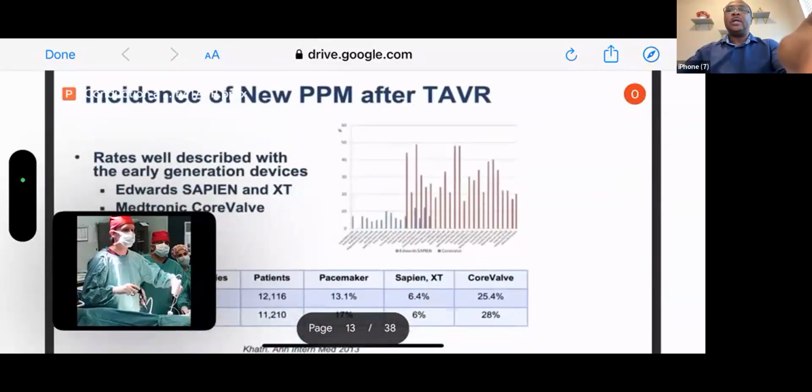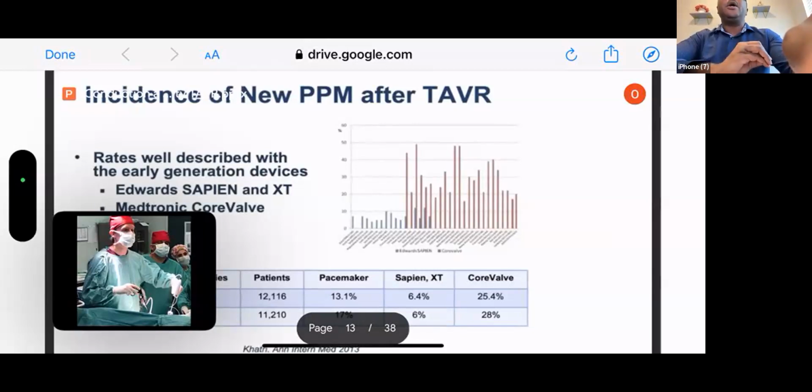So let's look at the overall incidence of permanent pacemaker after TAVR. So one of the factors to consider, especially like I said, if a patient had a pre-existing right bundle branch block, is to know which of the valve am I going to use more to reduce the incidence of left bundle branch block or significant conduction abnormality.